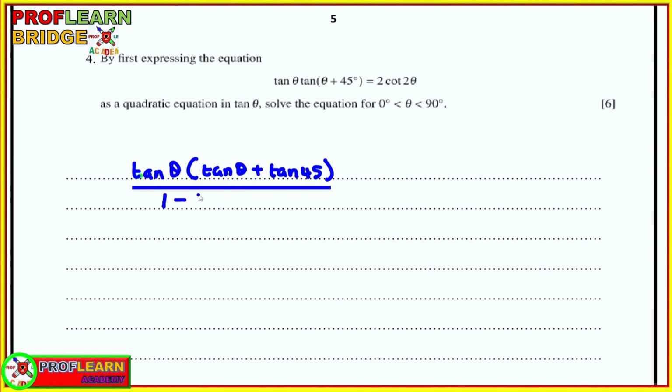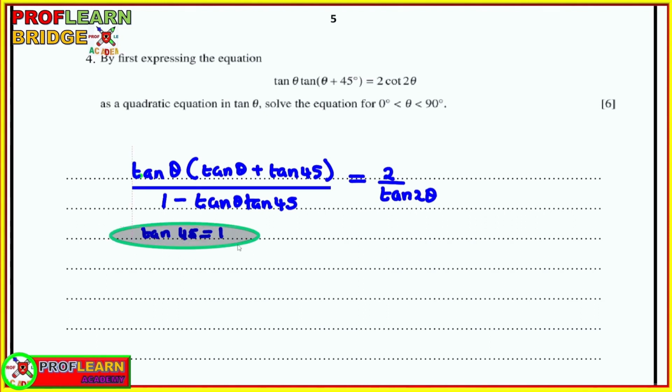Actually, I'm expressing tan of theta plus 45 the way it's supposed to be when you are given the compound angles. And this is actually going to be 2 over tan 2 theta. And then we are also going to see what tan 2 theta is equivalent to. But you need to remember that tan 45 is equal to 1.